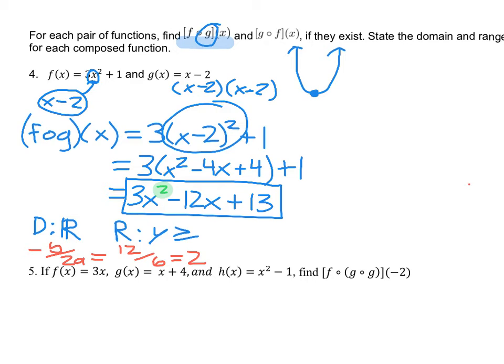And so if we plug in 2 for x, we get 3 times 2 squared is 12 minus 12 times 2 would make 24 plus 13. This all equals positive 1. So the range is y is greater than or equal to positive 1.